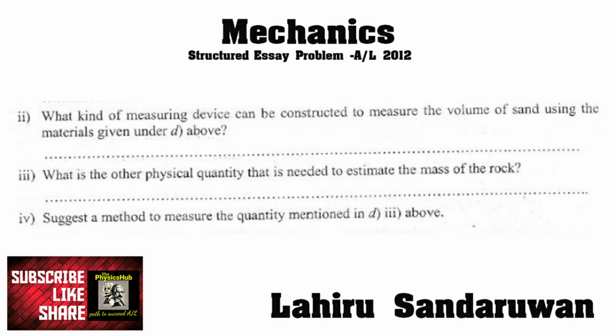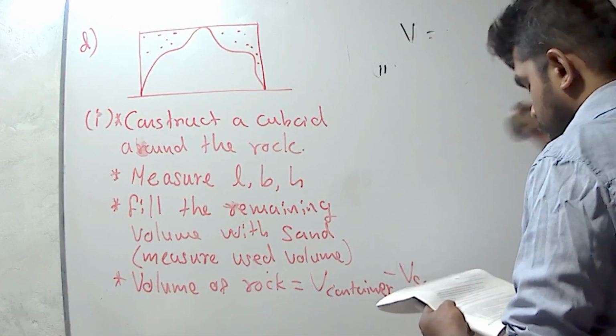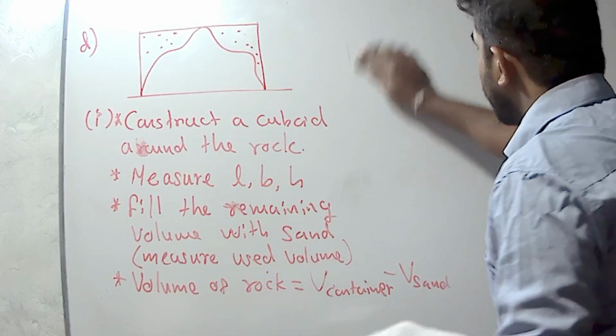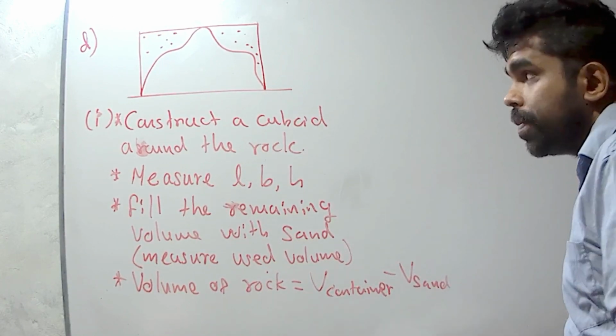In part 2, what kind of measuring device can be constructed to measure the volume of sand using the materials given above? We can use a small wooden box with a known volume.